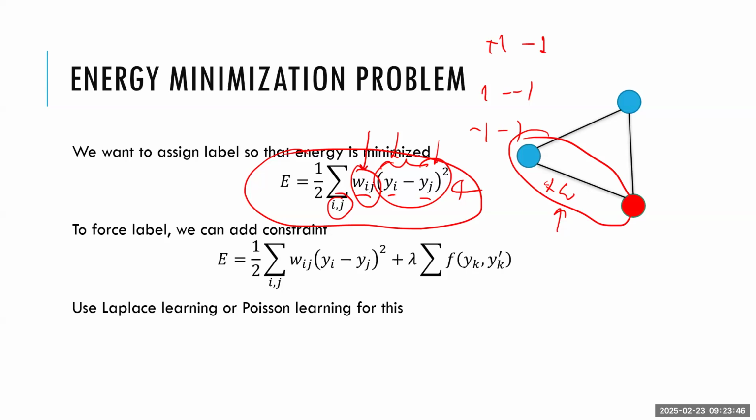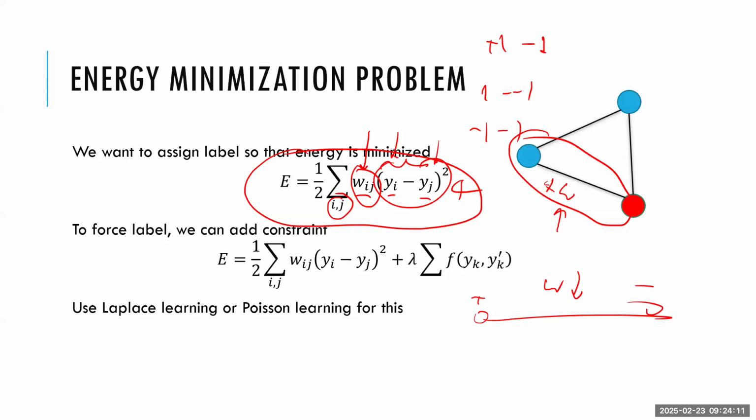But when the data points are too far away, the weight will be very low. And it's okay for you to assign a different label because what you contribute to the error function is very small, compared to the ones that are higher. And this is something we call energy minimization problem.